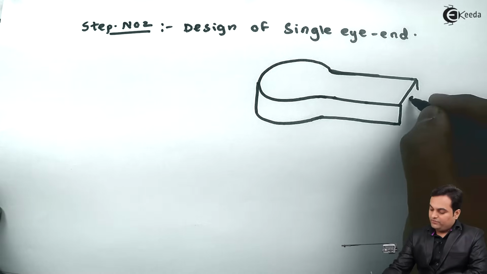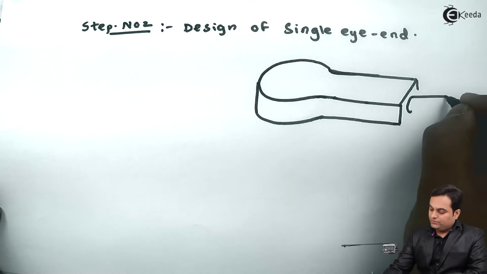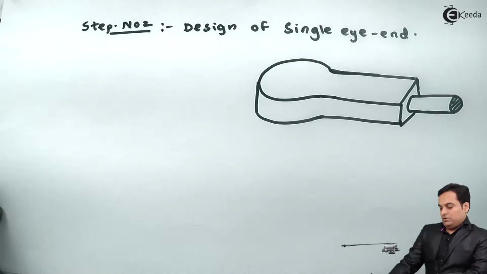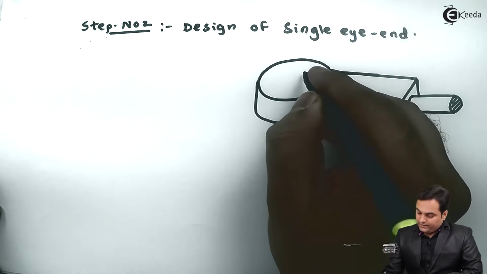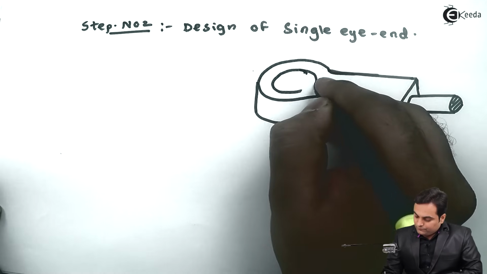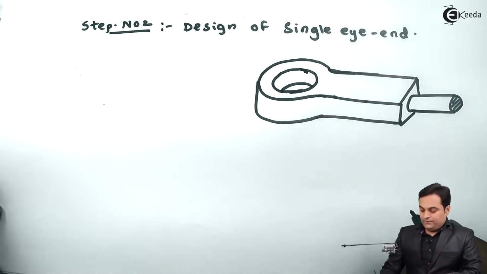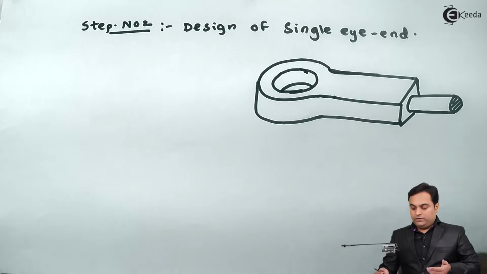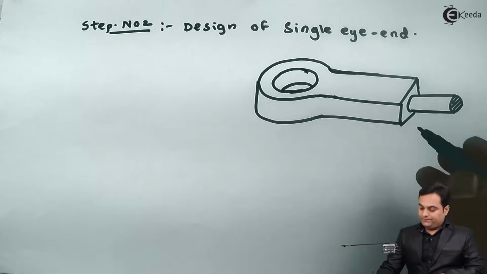And here we have a rod which is attached to it. This single eye end is hollow. It means the knuckle pin can be inserted here. So single eye end looks something like this.